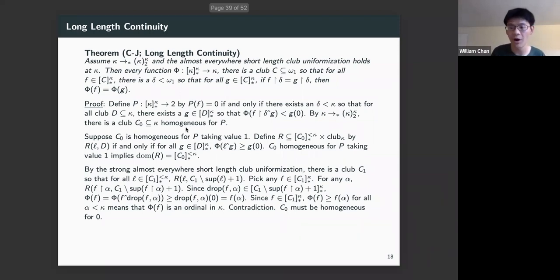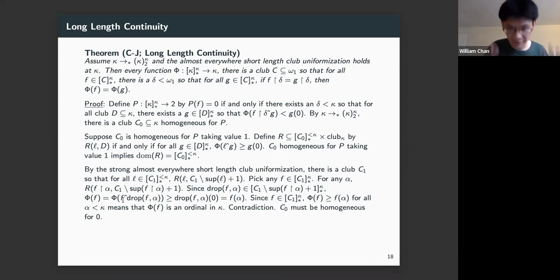So by definition of R, phi of F restricted to alpha followed by the tail of F after alpha has to be greater than or equal to F of alpha. Now alpha was arbitrary, right? So what we showed is that phi of F is bigger than or equal to F of alpha for all alpha. Since F is a strictly increasing function, this implies that phi of F is not an ordinal in kappa, but that's impossible, right? Phi is supposed to be a function mapping into kappa. Because of this contradiction, we've shown that C0 has to be homogeneous for the 0 side.